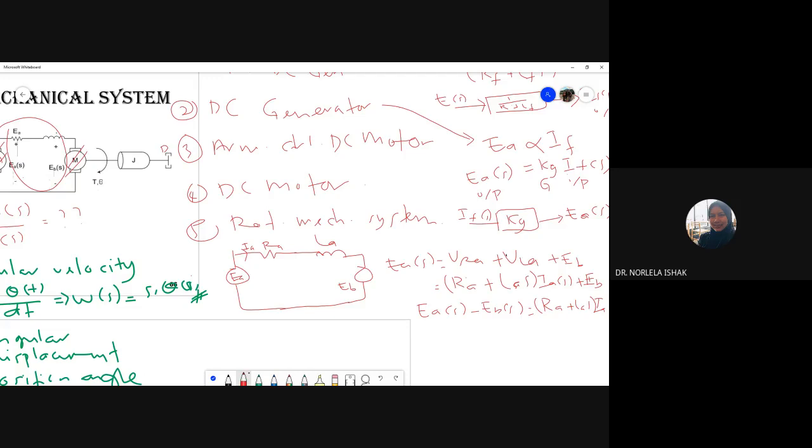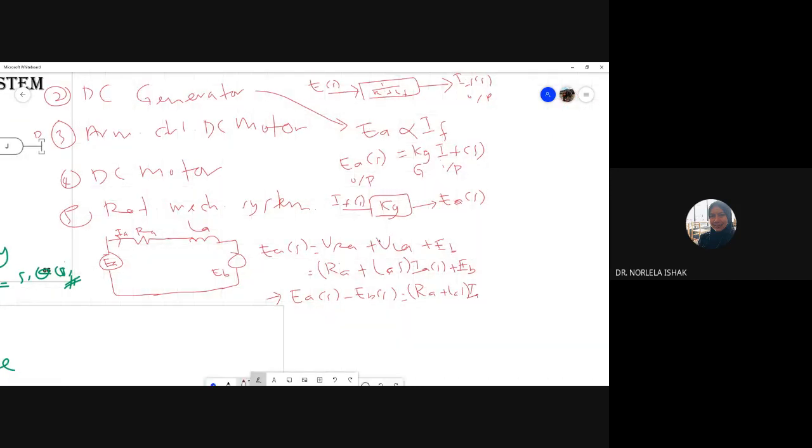So what's your input? Current or voltage? Which one your input? From this equation, what is your input? Voltage. Okay, input is our voltage. Okay, so from here we can get IA. Oh, sorry. We have to rearrange.